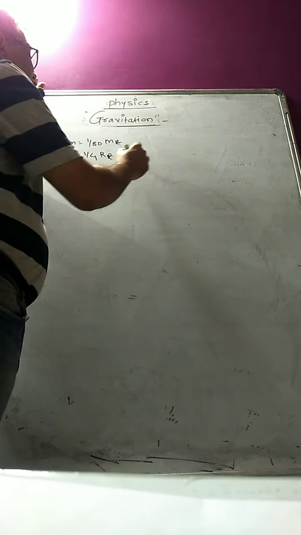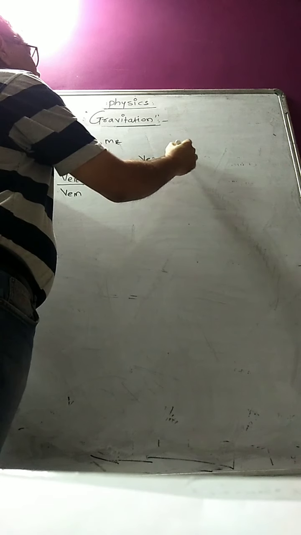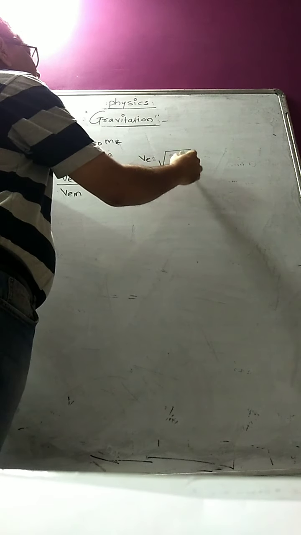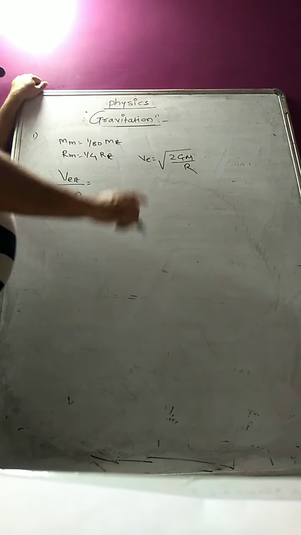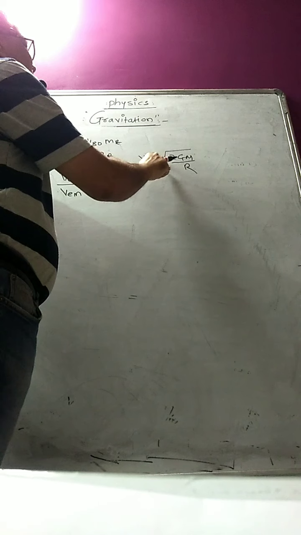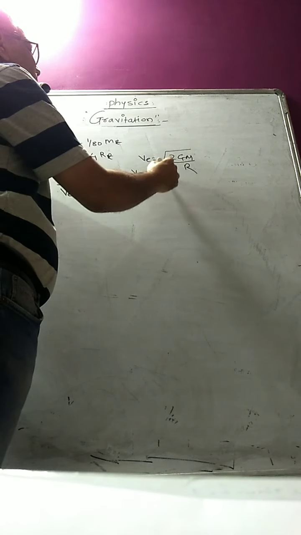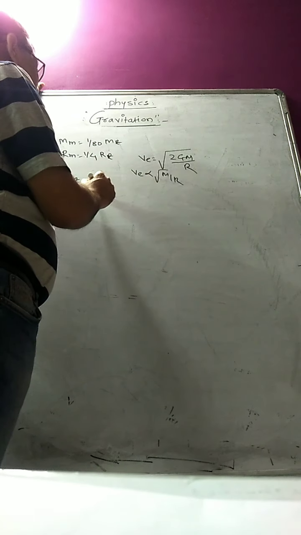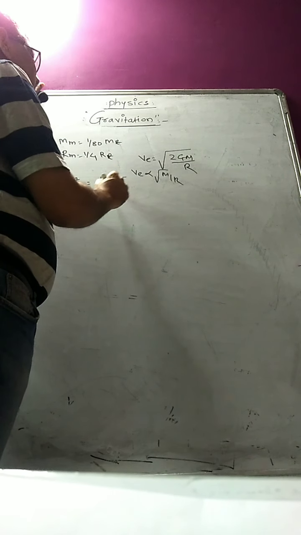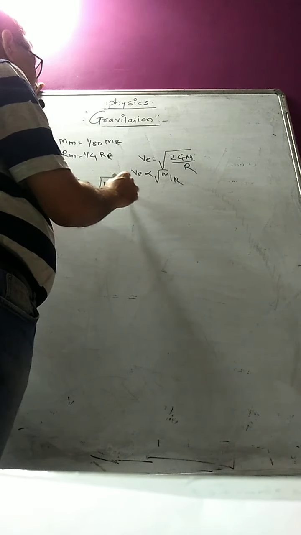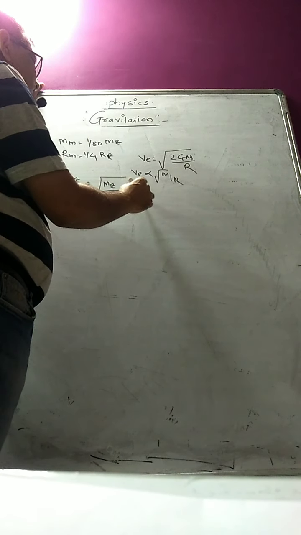Escape velocity is square root of 2GM by R. G is constant, so Ve is directly proportional to square root of M by R. Therefore it is the ratio of M on Earth to M on Moon, times the radius on Moon to the radius on Earth.